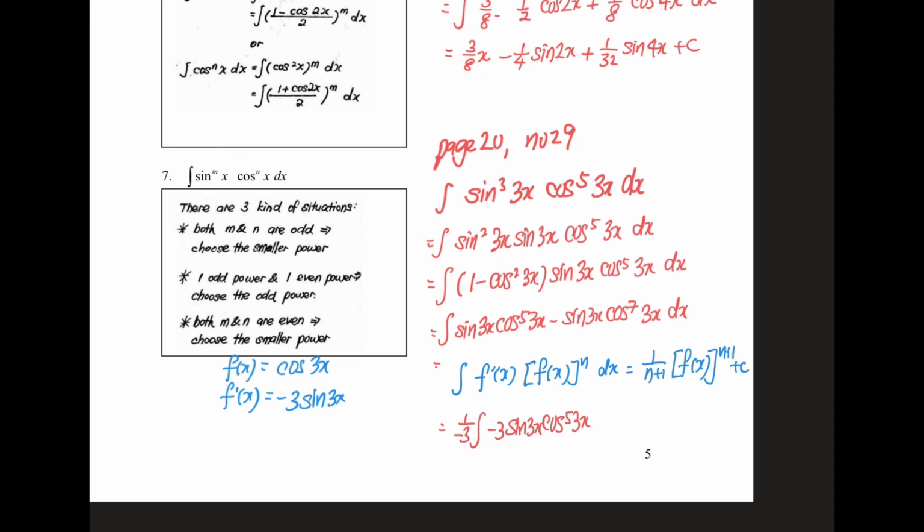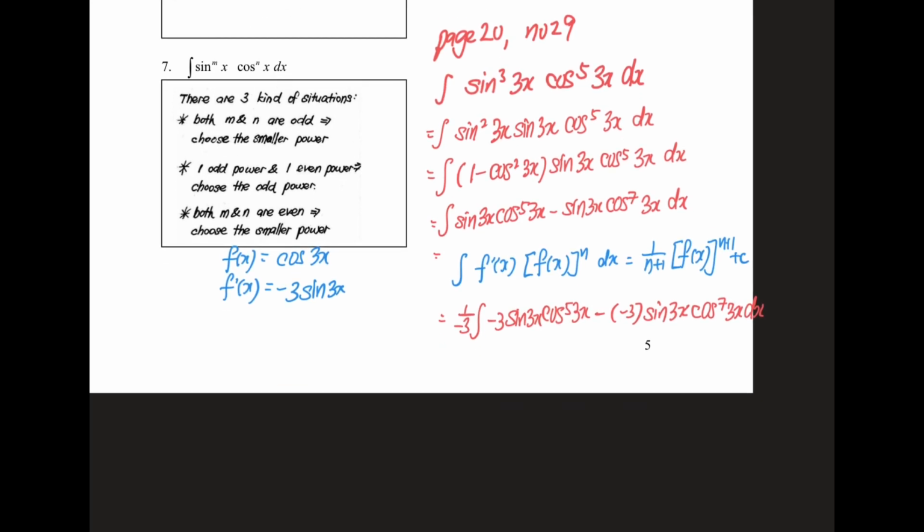I divide by negative 3. So you get something like this. Now I have f prime of x, fx to the power of n, so I use the formula now.